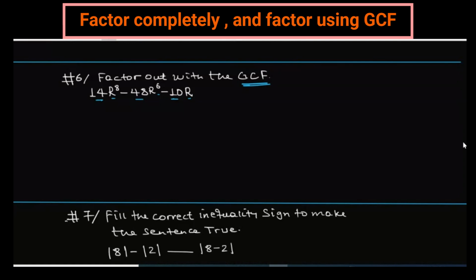So if you list that down simply, for 14, there are the numbers 1, 2, 7, and 14.